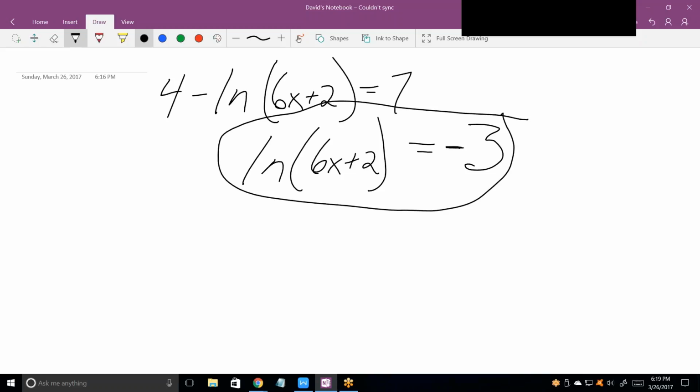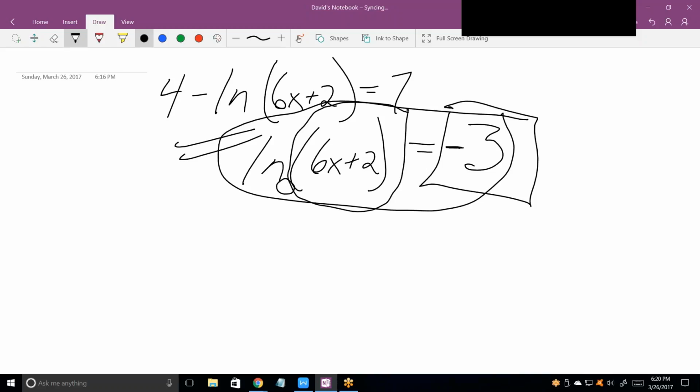Now, I have a log equation I'm trying to solve. Remember that when you have log equations you're trying to solve, at some point you convert them to an exponential expression. Let's do that. Remember, it's this base raised to this power equals whatever's in the middle.